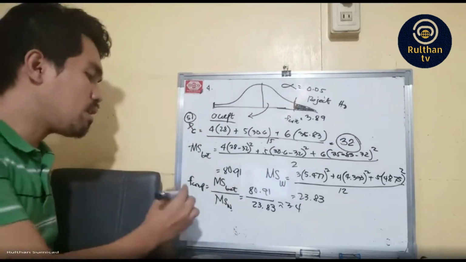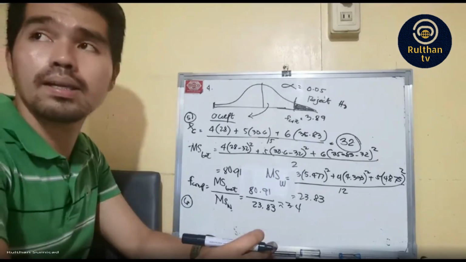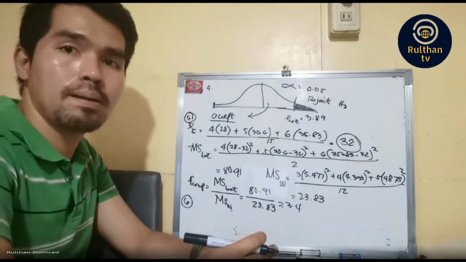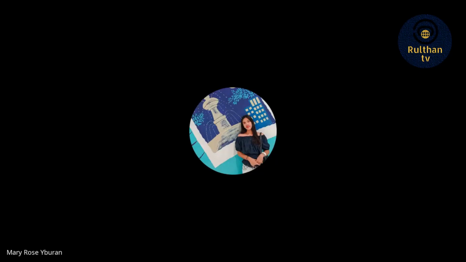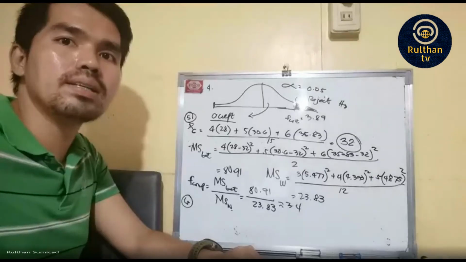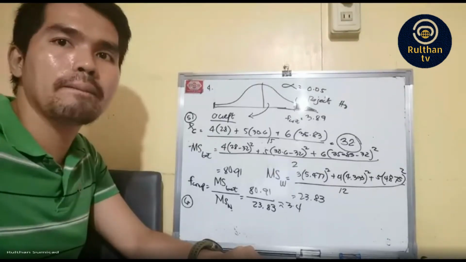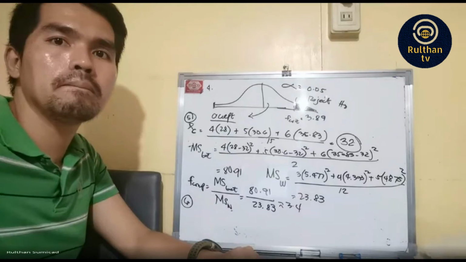So what must be the step 6? Make the statistical decision. Okay, you give me the statistical decision. Failed to reject.